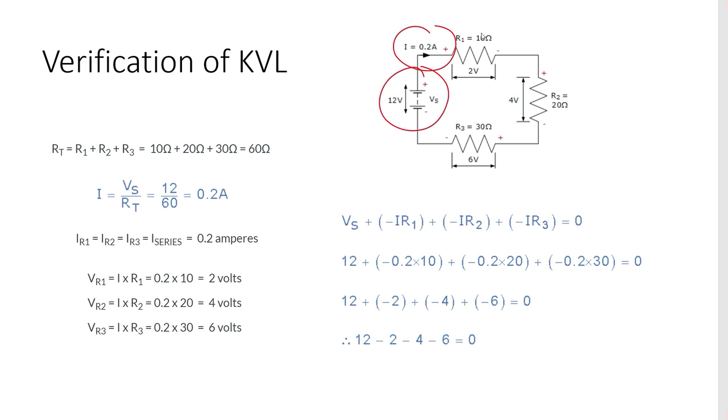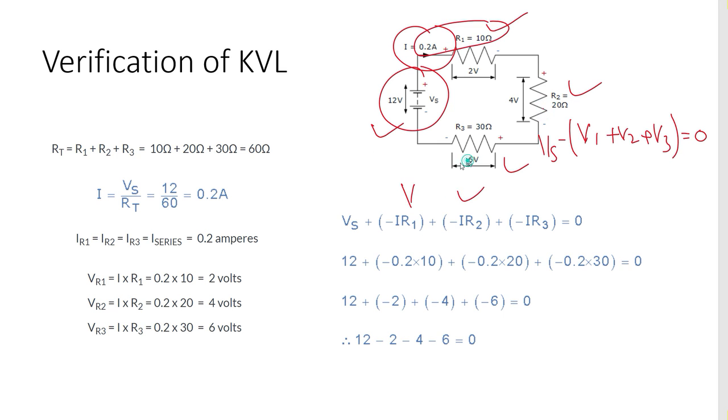So we'll calculate the drop across this and this and this, and then subtract it from this, and we should get V1 plus V2 plus V3, or Vs minus this thing equal to 0. So check this example. You will have to calculate the voltages. So voltage can be calculated as this voltage and this voltage and this voltage, and then subtract it from here. So just go through it yourself.